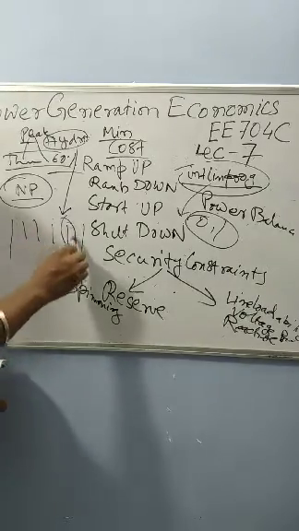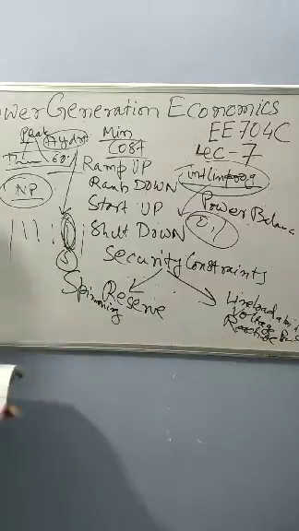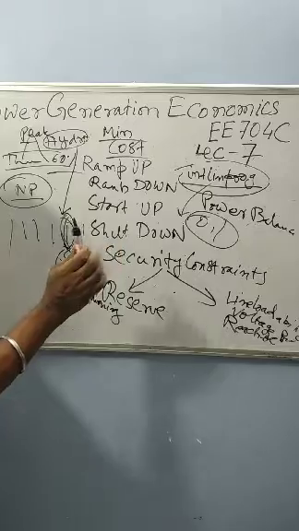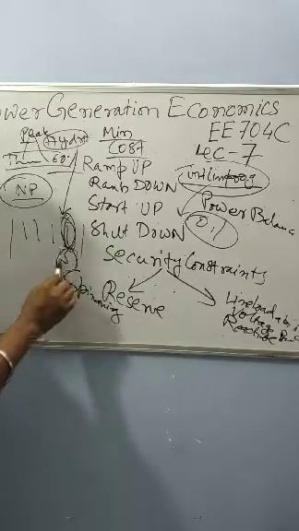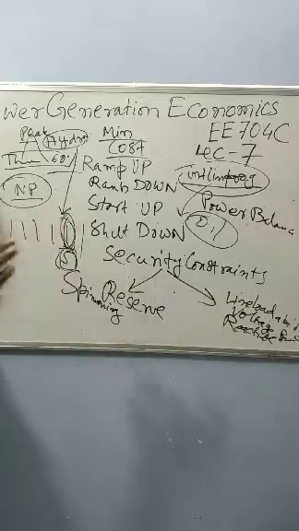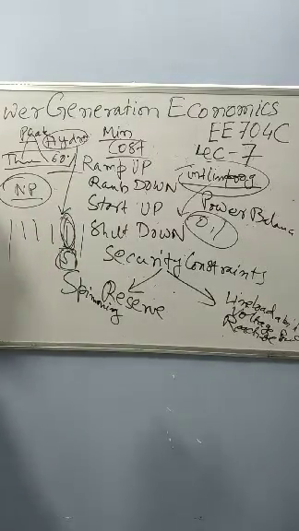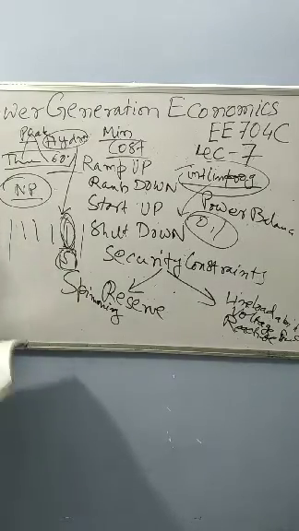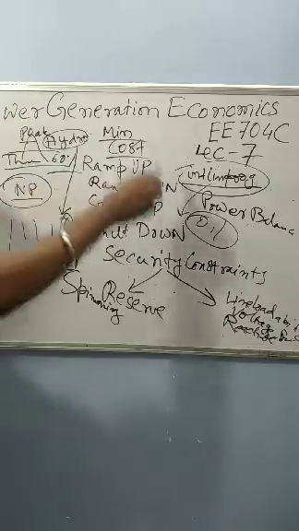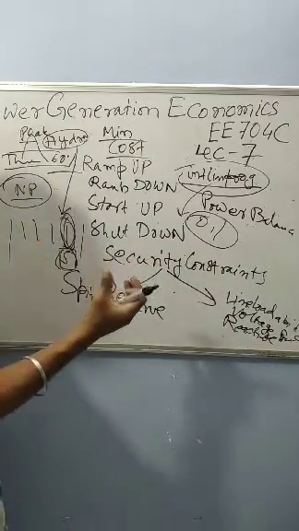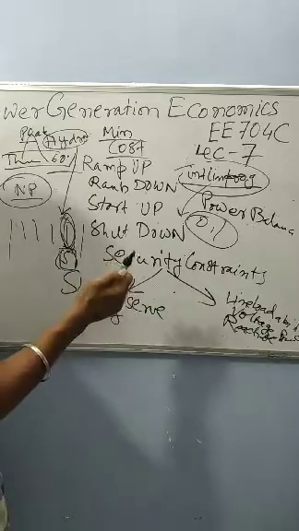So due to the voltage support, there must be must run units always during a certain period of time. This unit must always run. Let the 5th unit must always be running during a certain period of time. Why this must run? Because to keep the voltage constant in the transmission system. Another constraint is fuel constraints. In a thermal power plant, availability of the fuel, which fuel is cheaply available, is also another constraint.